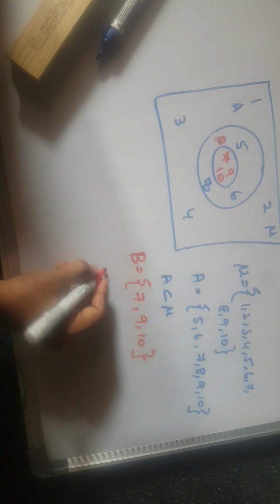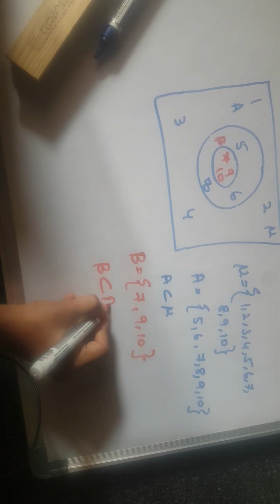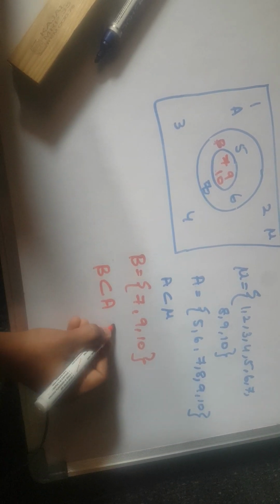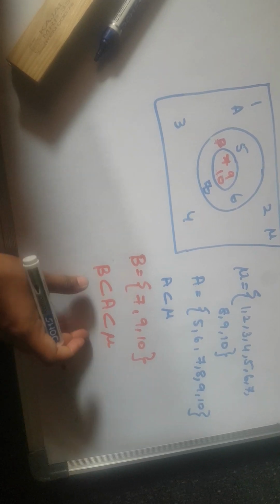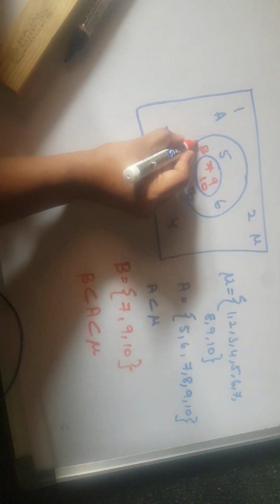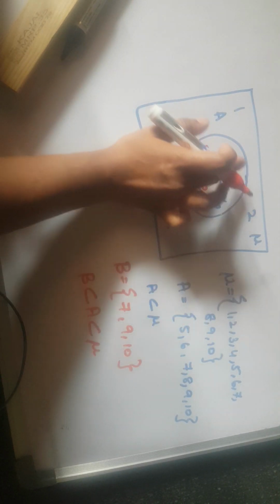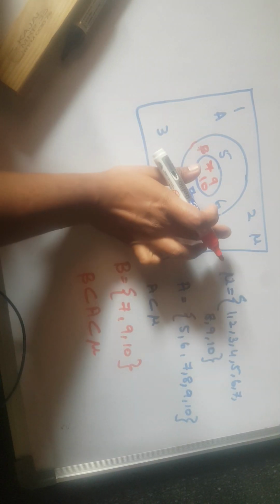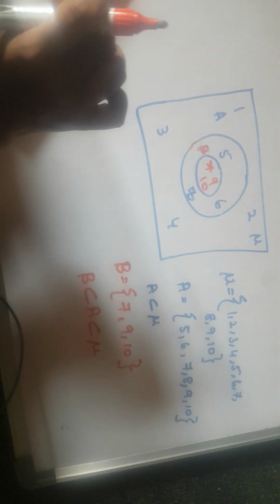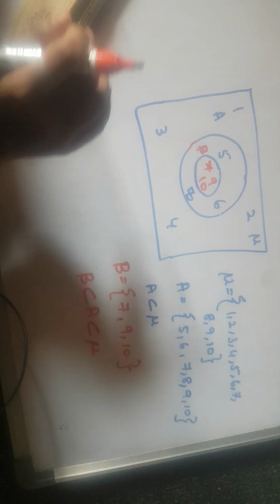So B is a subset of A and A is a subset of the universal set. In the universal set, A is the subset of the universal set, and B is the subset of set A.